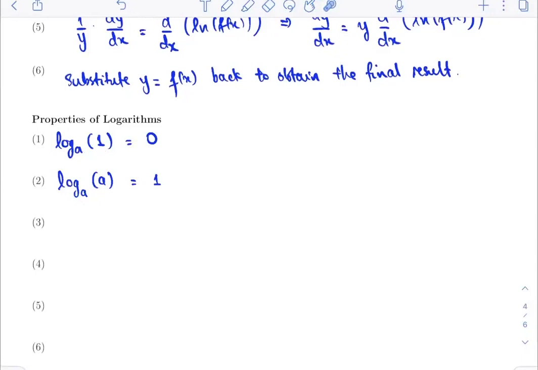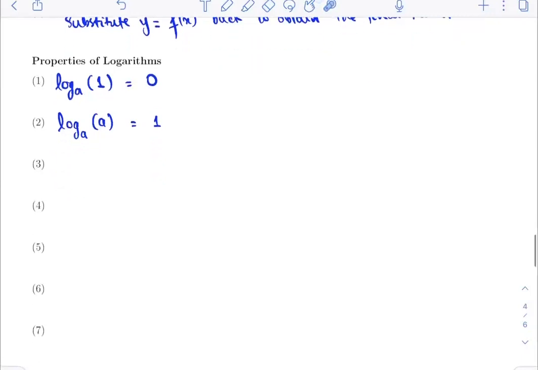Properties 3 and 4 are called the cancellation properties. That means you have log base a of a to the x is equal to x. Even though, as I mentioned before, it's not mathematically correct to say this, it's convenient for us to understand: in this case, log functions cancel out with exponential functions, so you can obtain the power x.